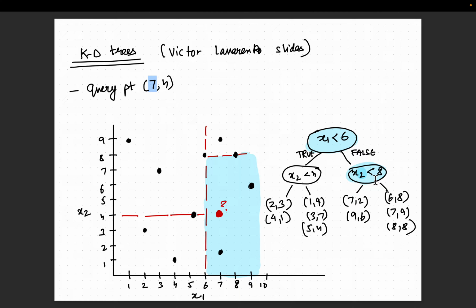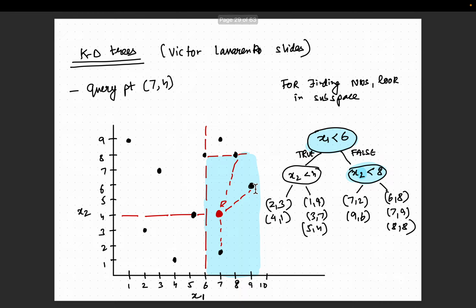So I go into the right part of the tree and then I look at the second dimension, 4. Is it less than 8? Yes. So it will look at these 2 points, 7, 2 and 9, 6, as the potential set of points over which I want to find the nearest neighbors.